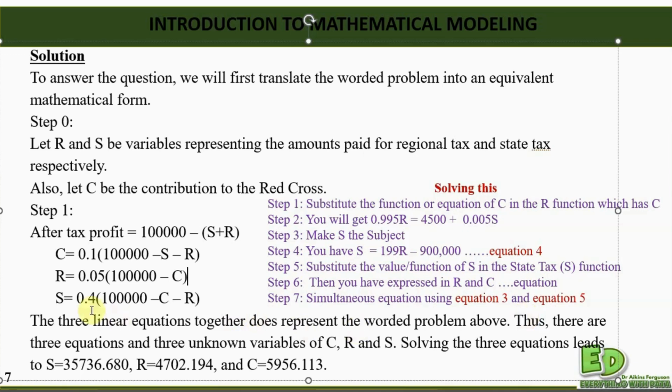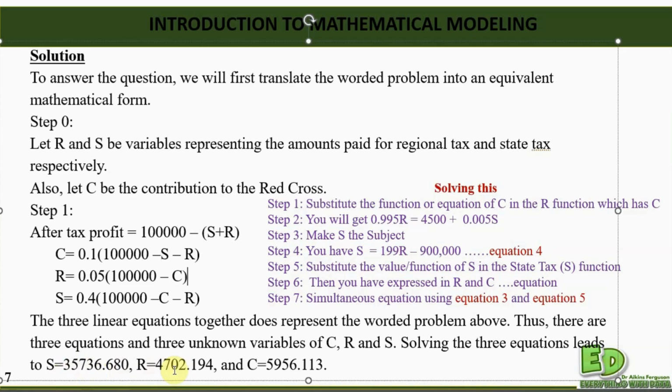So the three linear equations together do represent the weather problem above, right? There are three equations and three unknown variables. That is the contribution to Red Cross, the regional tax, and then the state tax. Solving the three equations simultaneously leads to an amount to be paid to the state tax of 35,736.680.